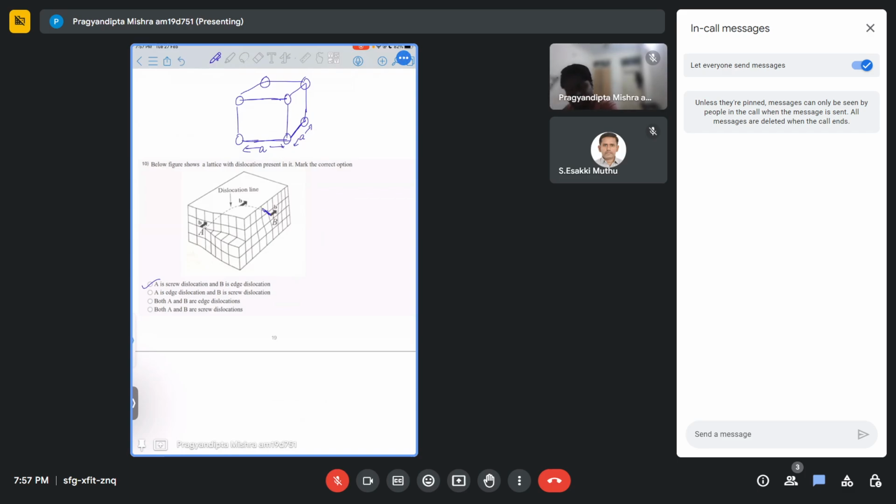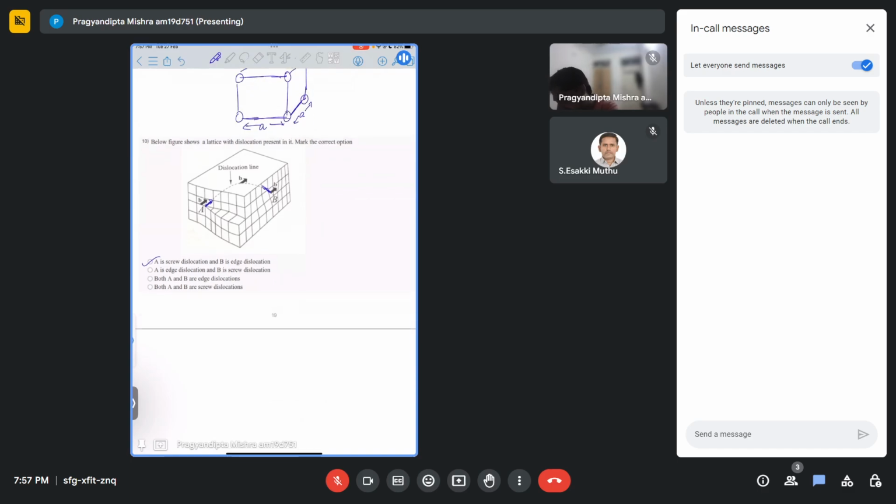In point B, you can see the arrows I've drawn, it's perpendicular, while at point A, it is parallel. This is the Burgers vector, this is the dislocation line. So because it's parallel, it should be screw. So A is screw. The perpendicular case is edge. So that is another hint that is given to you.